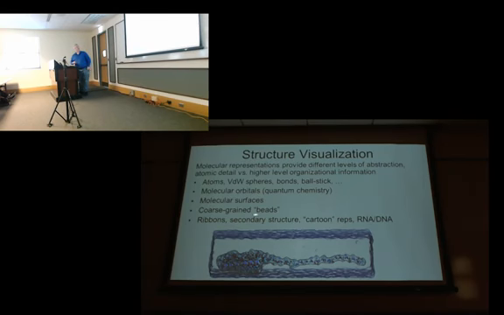We can draw groups of atoms as beads, and then we have higher level representations like ribbons or secondary structure representations and cartoon representations that hide a lot of the minutiae of that atomic structure and replace it with a schematic representation that is still informative, or might be more informative than if you just look at the actual atomic structure itself.